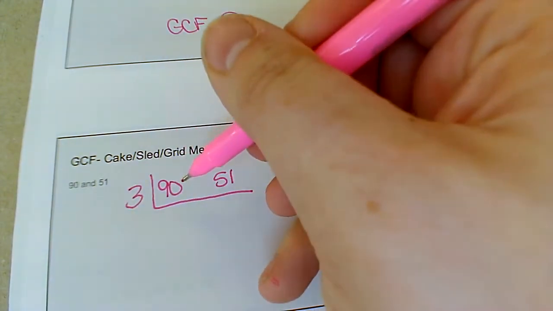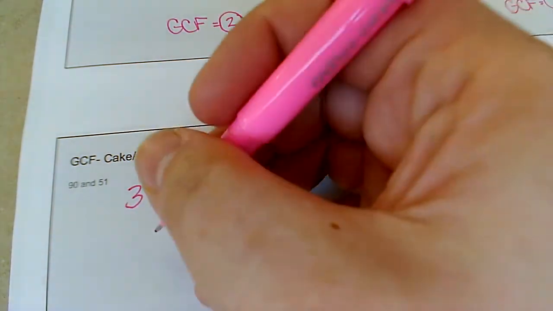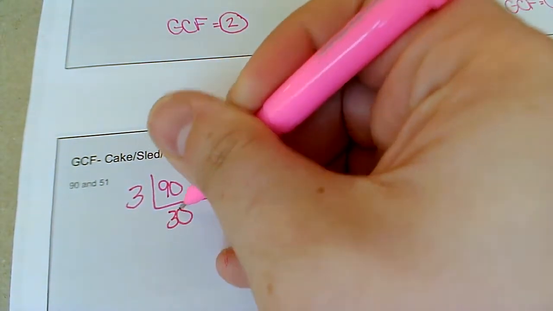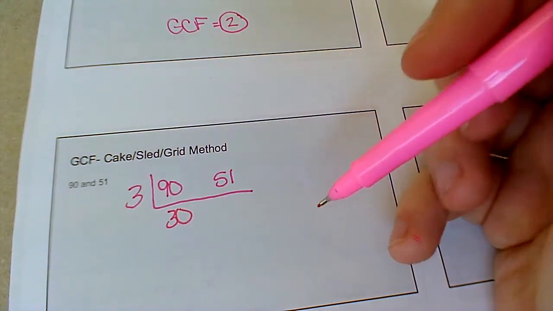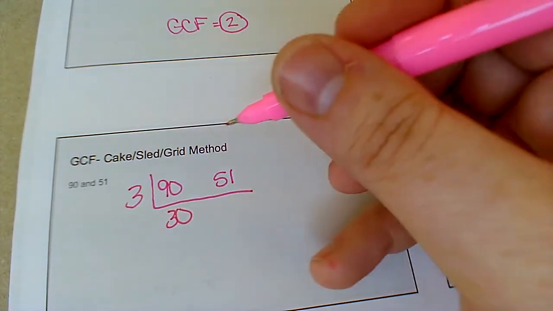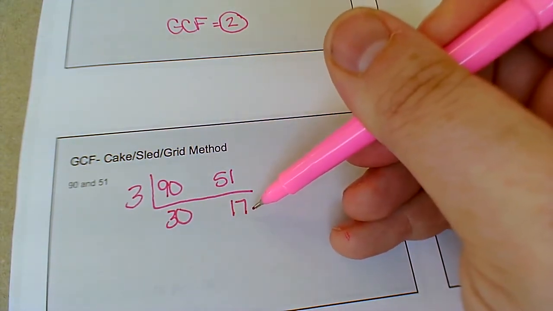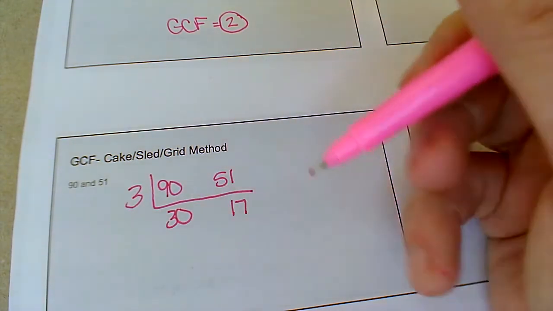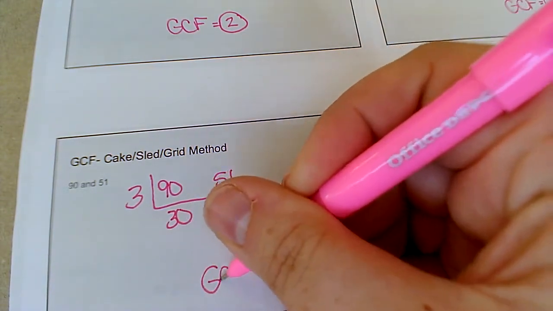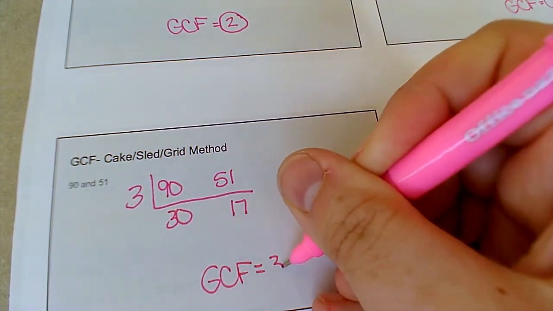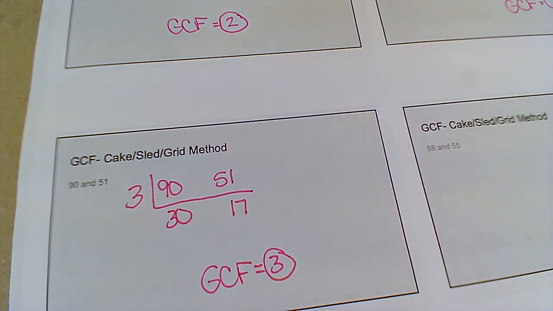So let's try it. 90 divided by 3 is 30. 51 divided by 3 is 17. Again, 17 is a prime number, so I can't break these down anymore. So my greatest common factor is 3.